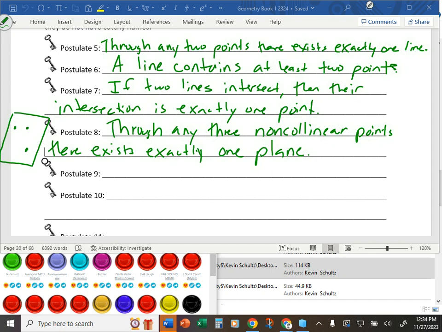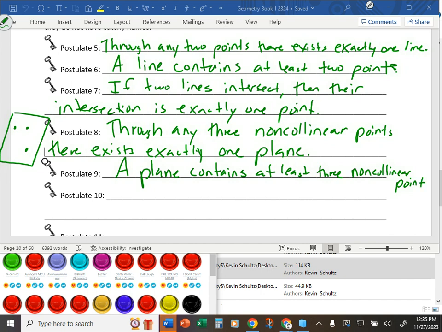Postulate number 9! Explain! Wait, what's 9? Guys, be quiet. Please, number 9 words. A plane contains at least 3 non-collinear points.